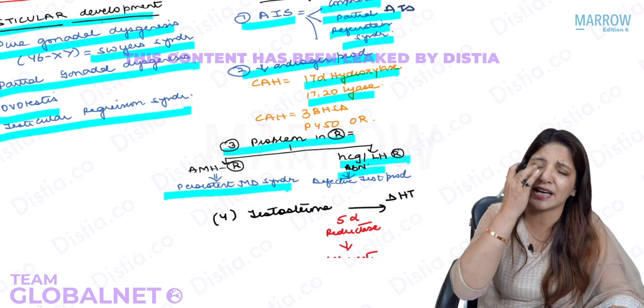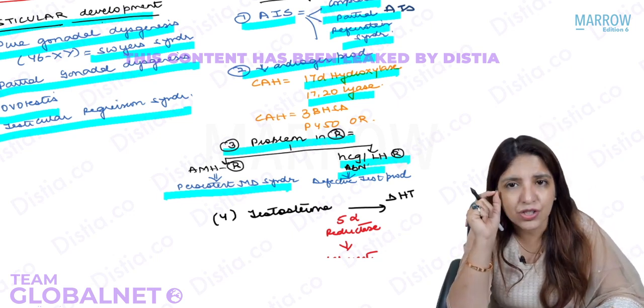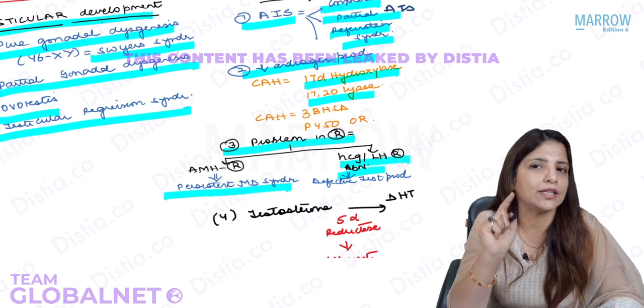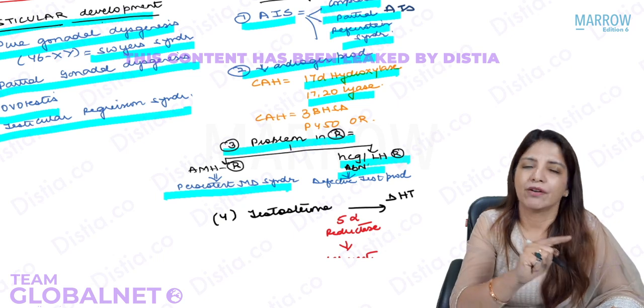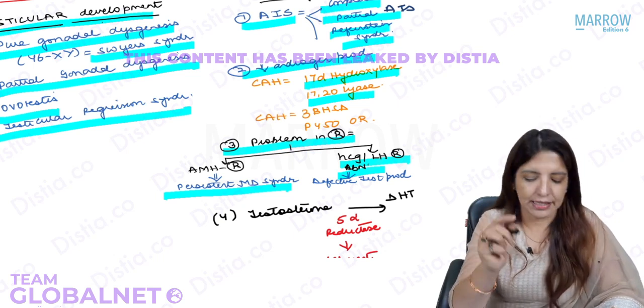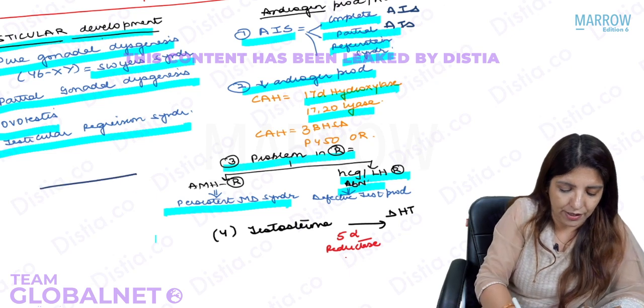Why am I saying HCG or LH receptors? This is because the first stimulus for the testes to produce testosterone is HCG. Right? In testes, it is the Leydig cells. Remember, in testes there are two types of cells, Sertoli cells and Leydig cells.